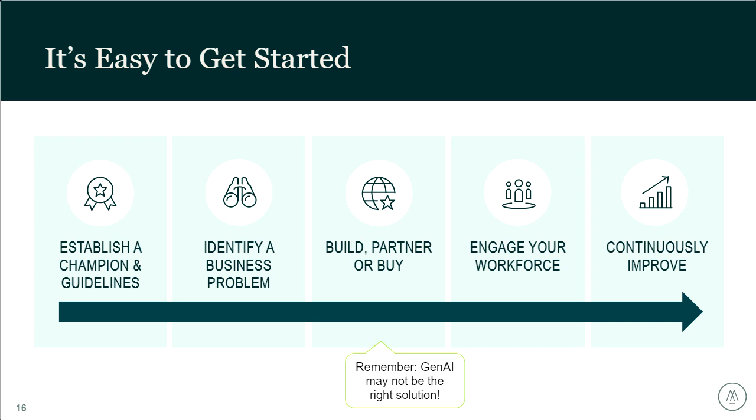Once you have that tool, you're going to want to engage your workforce. You're going to want to have people learn how to use it. So here at Moss Adams, we use what we call Moss GPT, and that's our internal GPT instance where we can use Gen AI in a secure Moss Adams environment, and it enables our employees to experiment safely. While it's all good to have that launched, how are we going to encourage people to use it?